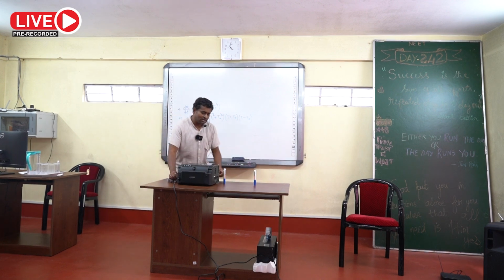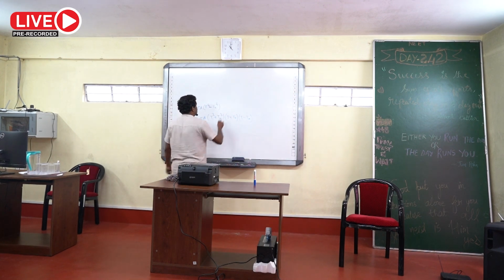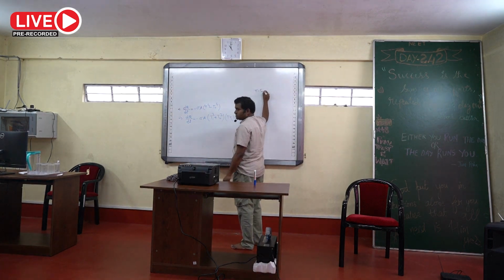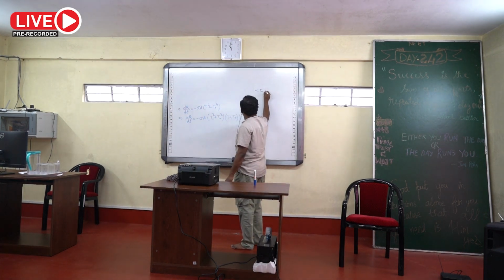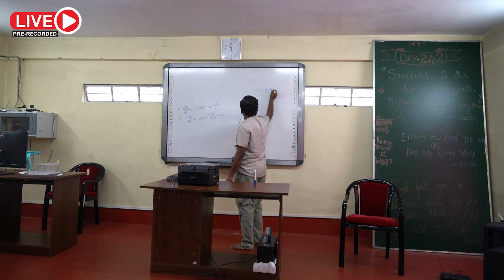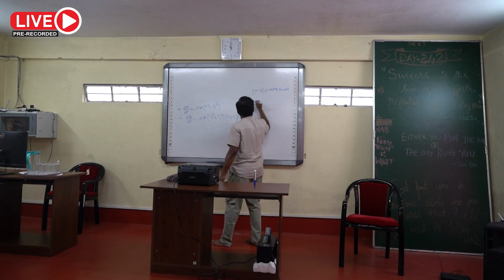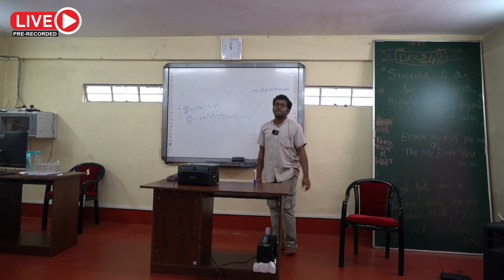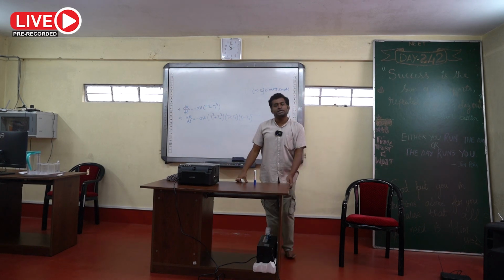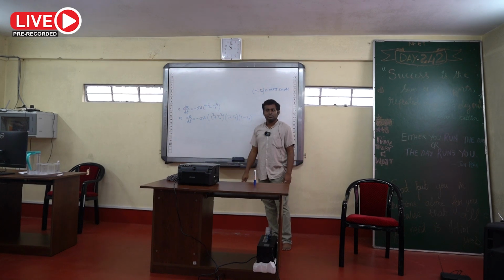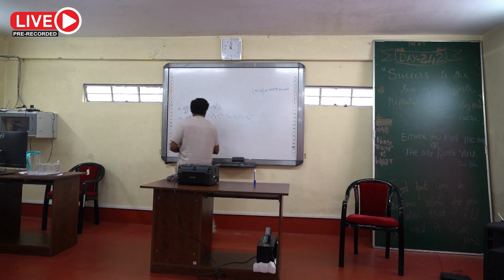Now consider T minus T naught is very small. This difference is very small. That means we can almost consider T equal to T naught when these squares and additions come.